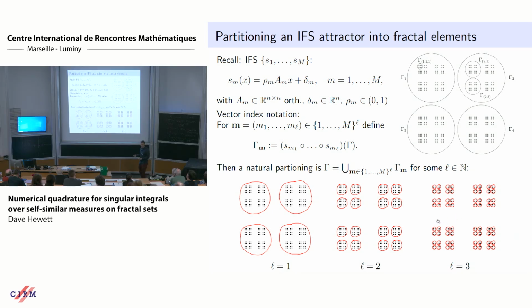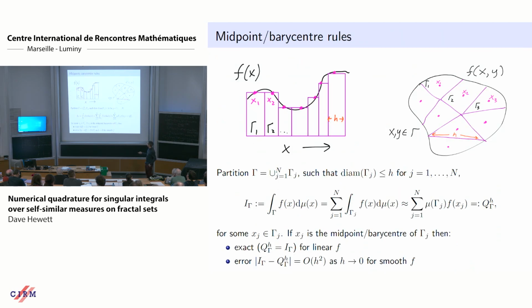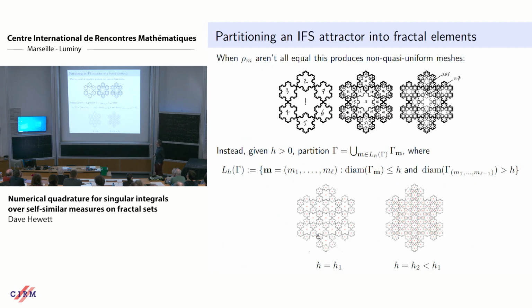The idea is that the finer the mesh, the more accurate the solution because of this h squared accuracy. That works fine in a homogeneous case, but when the contraction factors aren't all equal, you end up with meshes that aren't quasi-uniform, and so it's natural to consider the quasi-uniform version of this.